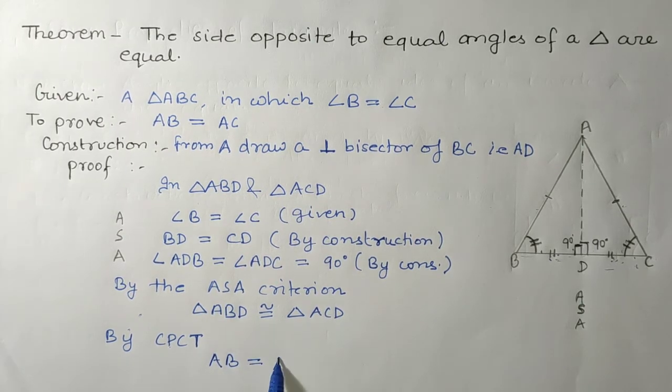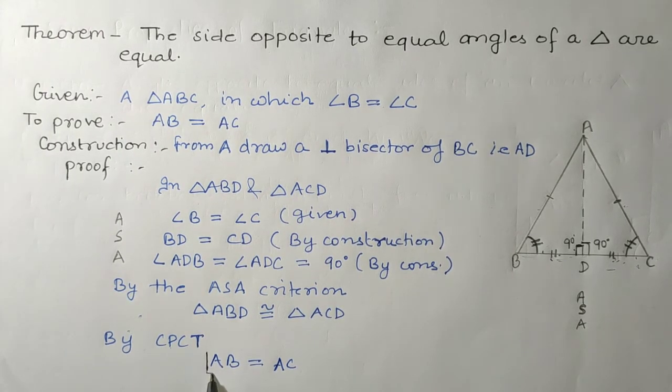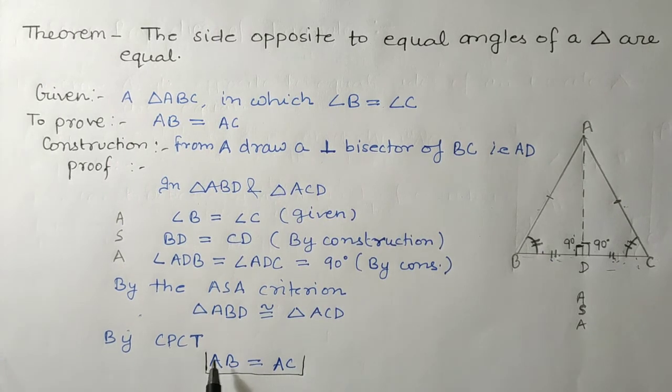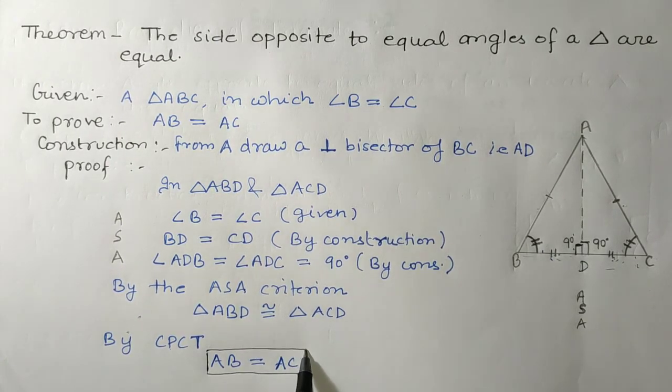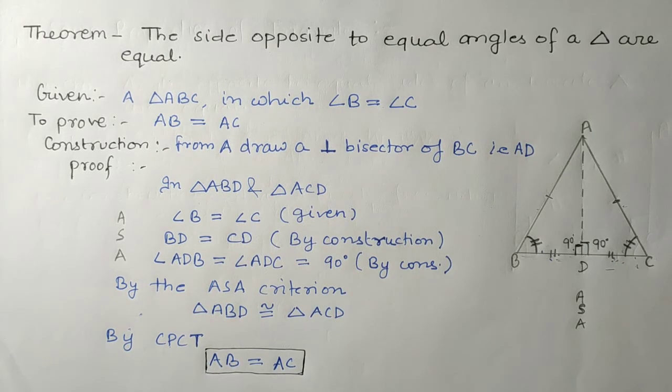AB is equal to AC. Okay students, so this was the proof of this theorem, that the sides opposite to equal angles of a triangle are equal. So just pause the video and note it down.